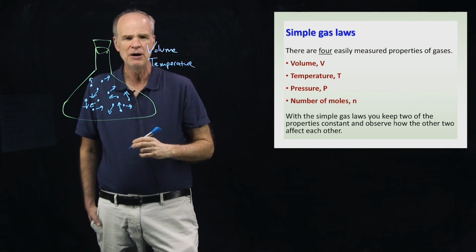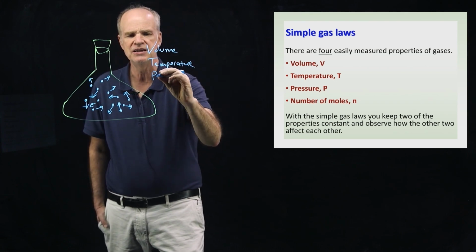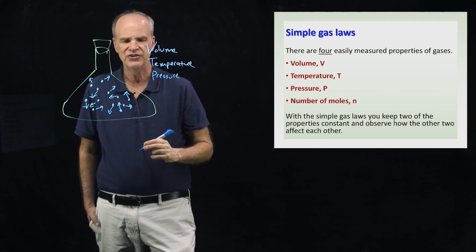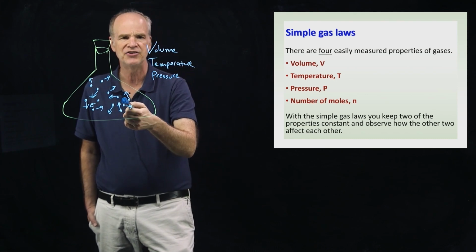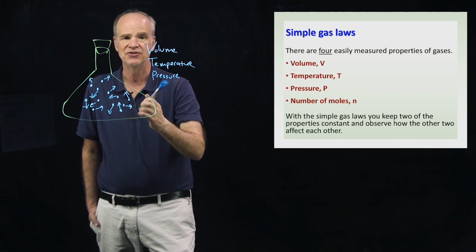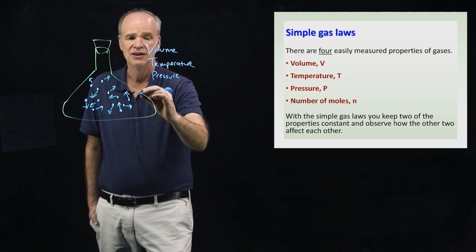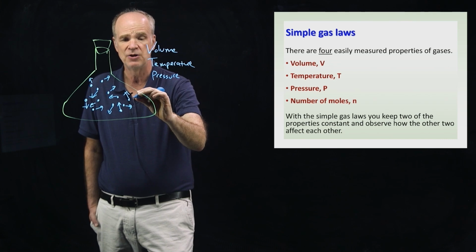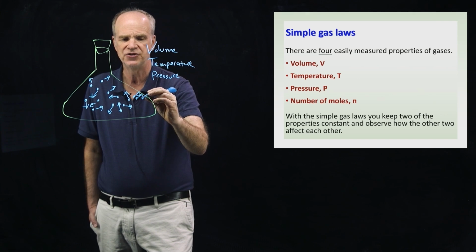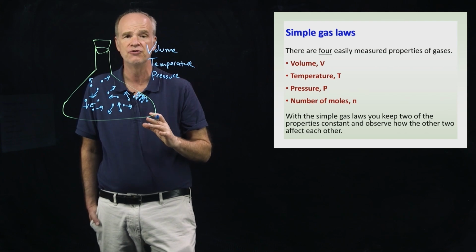Okay, how about pressure of the gas? Well, let me talk a little bit more about what pressure is. This gas is exhibiting pressure against the sides of this flask. So let's think about how that is happening. What will happen is you'll have a gas molecule and it'll strike the side of the flask. It won't be just one, there'll be a lot striking the sides of the flask, and they're going to be striking the sides of the flask with a certain force.